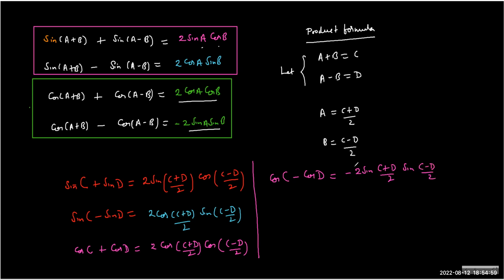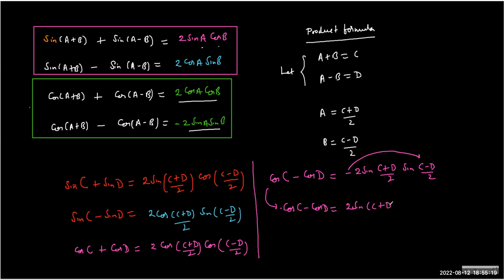Now, in many books, they don't want to put the minus sign here. They bring the minus inside and alter the position, because sine of minus theta is minus sine theta. Correct. So this we can rewrite as, and that is what you will see in books, 2 sine C plus D by 2 into sine D minus C by 2.